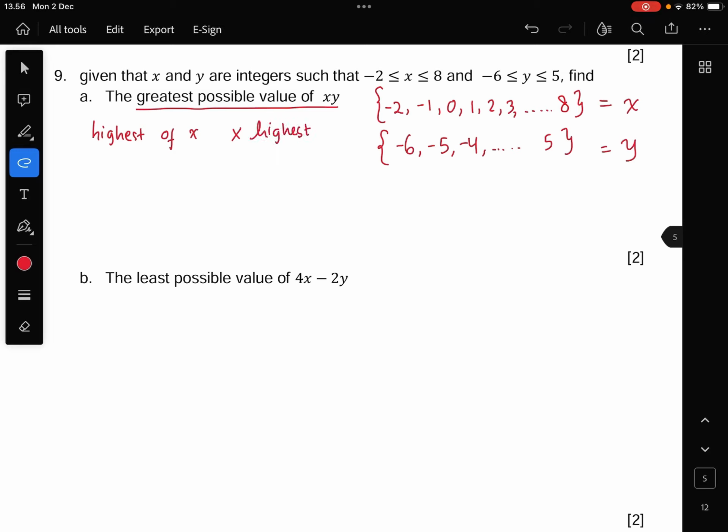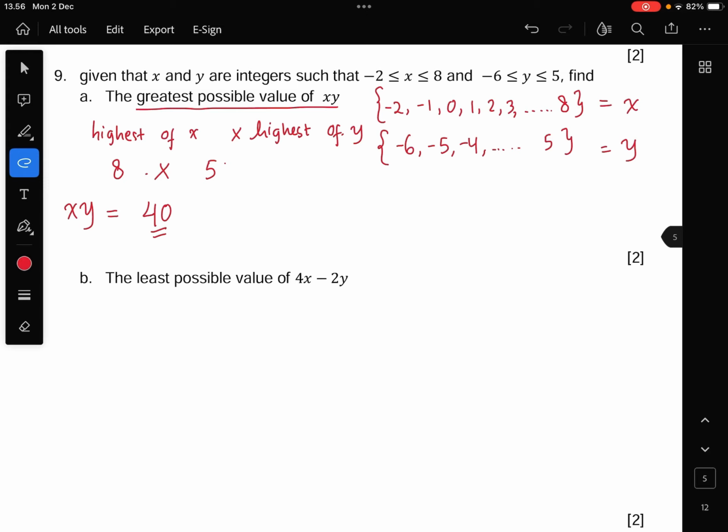Highest of x means you will have 8, multiplied with the highest of y, which is 5. So the greatest possible value of xy is going to be 40.